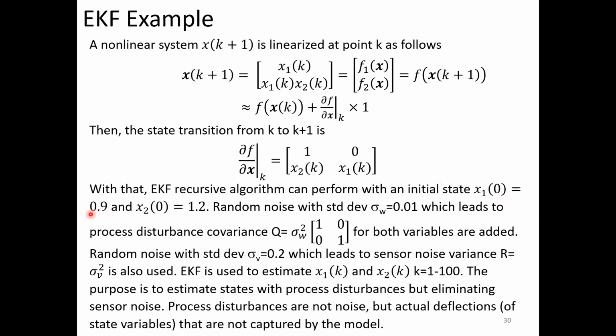And the value is 0.9. It's going to stay at 0.9. But x2 is going to change. At time 0, it is 1.2. And if you look at over here, time 1, it will be 0.9 times 1.2, and it goes like that. So gradually decaying, starting from 1.2, because every step it is multiplied by x1k, which is 0.9.